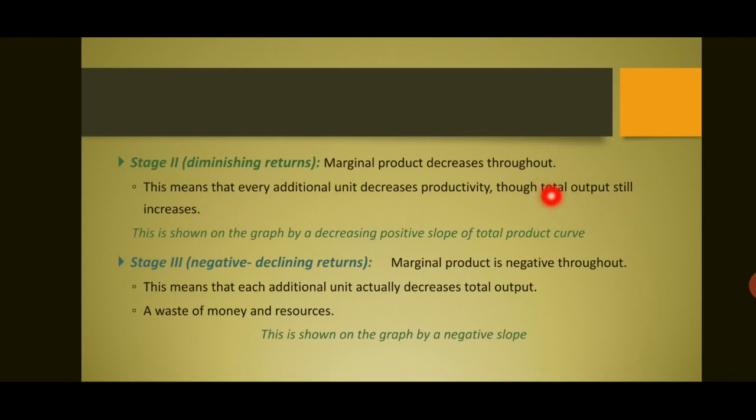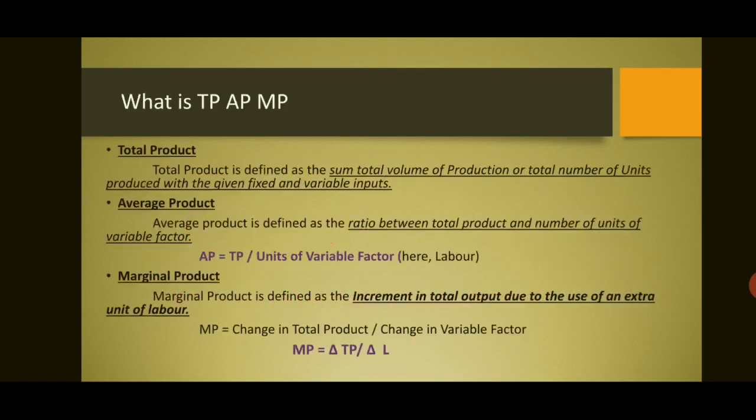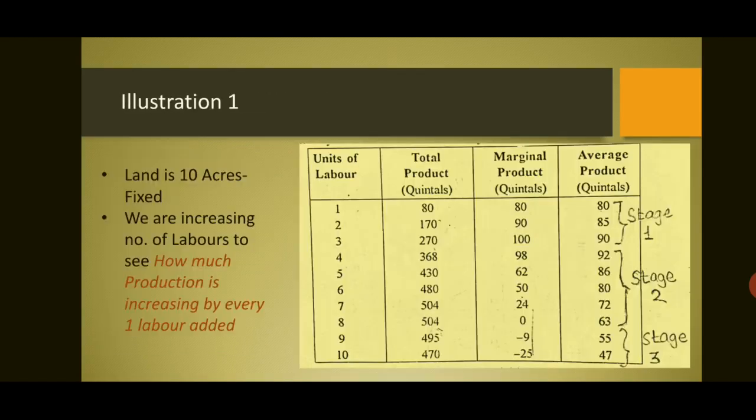That total output is increasing but at diminishing rate. For example, in stage 2, marginal product is declining, and though total production is increasing, it is increasing at a decreasing rate.